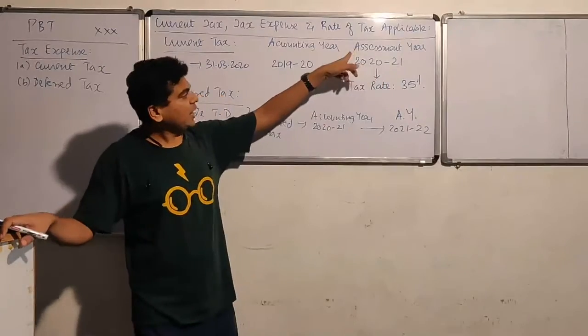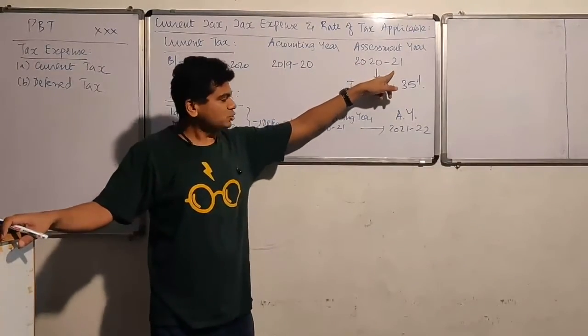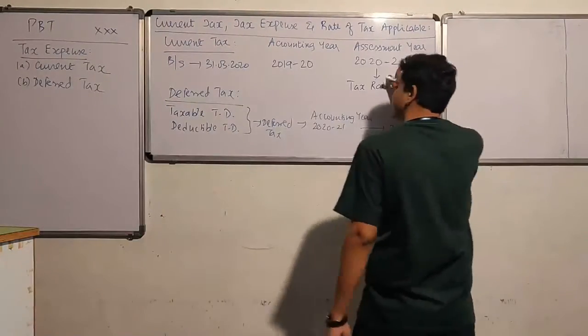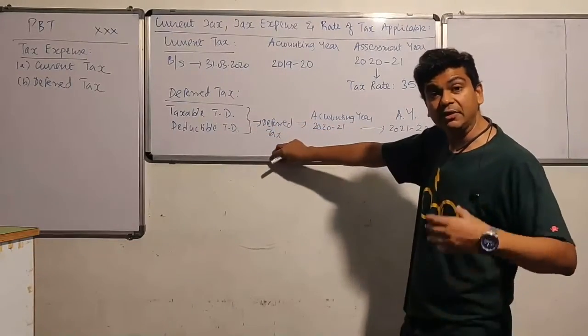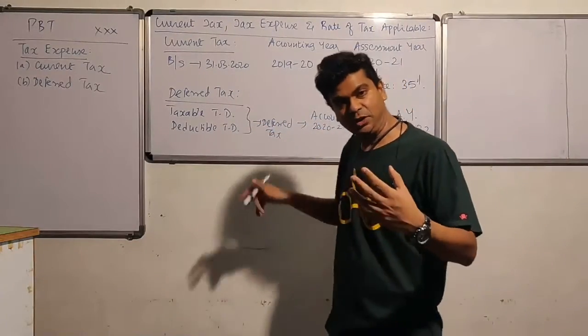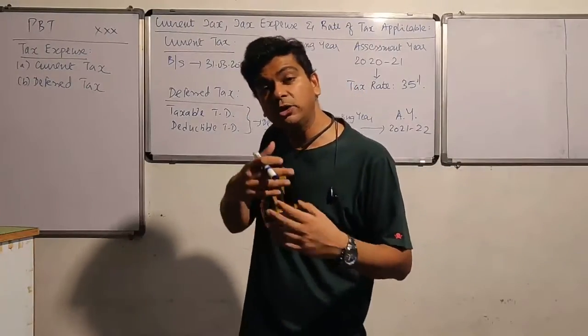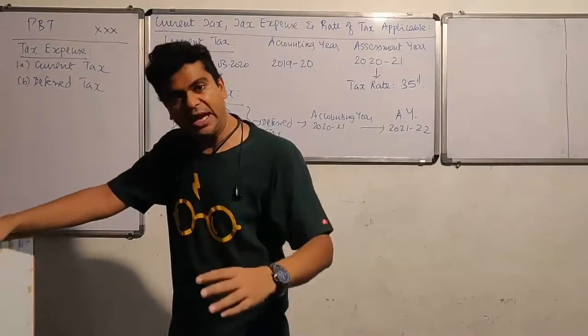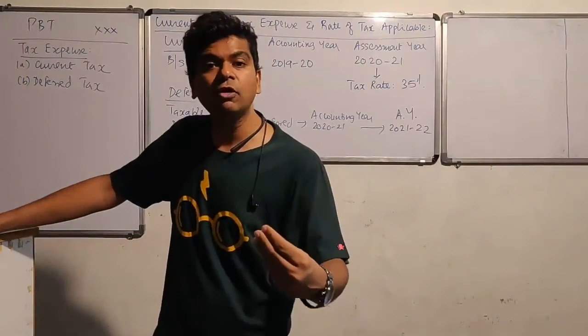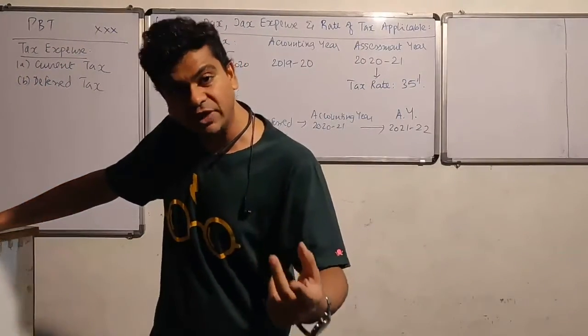See, the tax rate for the current assessment year is 2020-21, but 2020-21 is not the assessment year in which you will be realizing the deferred taxes. The deferred taxes are going to get realized in the next year or maybe years. That is the reason we have to be careful when choosing the tax rate.